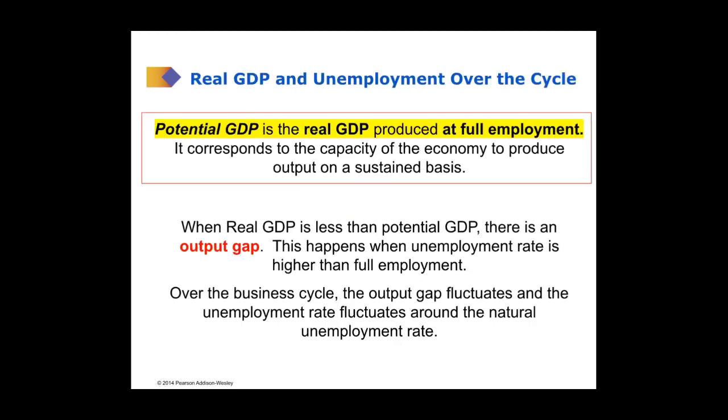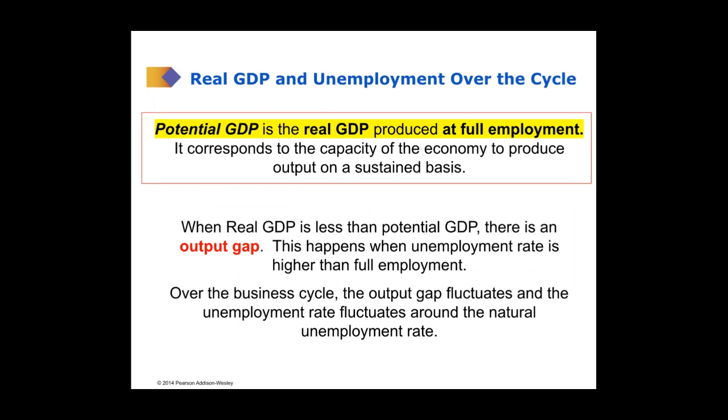So that number could be a little misleading because it's not really based on anything other than conventional wisdom or that type of thing. So we know that the potential GDP is the real GDP that gets produced when we're at full employment. Meaning, if we're at full employment, the GDP that gets produced, the real GDP, is our potential GDP.